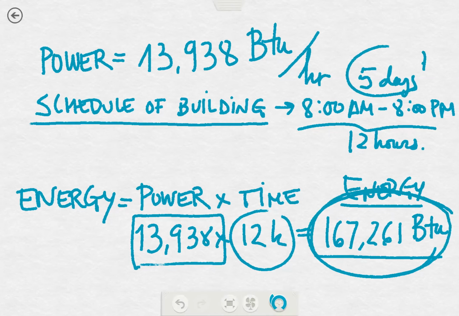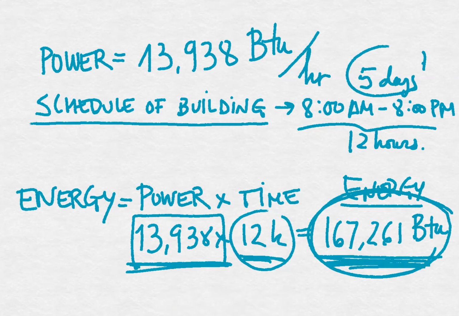When we know this, we calculate the energy. Okay, so we have the power, and how many hours is the system running? 12 hours. Okay, so I multiply the power times the time, and I have the energy. And energy is interesting because energy is what we pay for. Our electricity bills, or the utility bills, or the energy bills, specify energy.